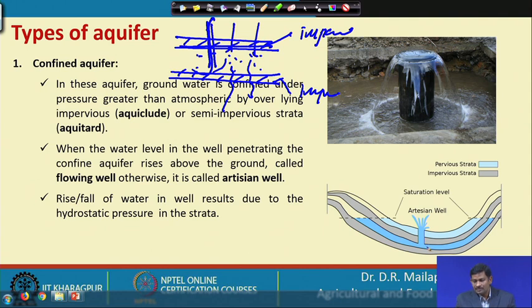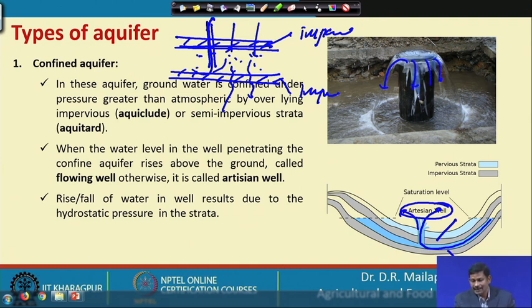Similarly, if you see this, this is one impervious surface and this is another impervious layer. This is the geological formation, and when you make a hole, water is going to come out. This kind of well is called an artesian well or flowing well, which means it flows continuously.